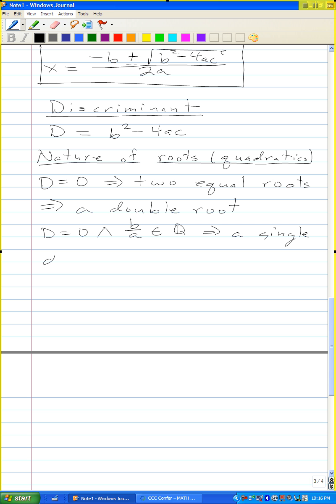Double rational root. So that's more or less case 1.